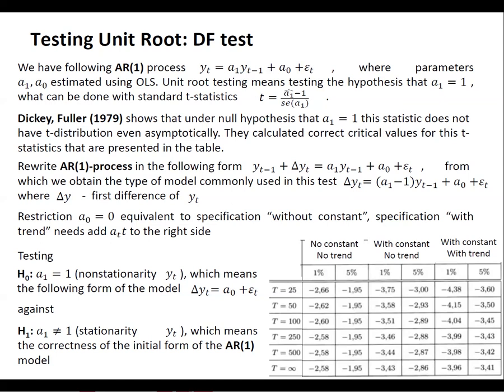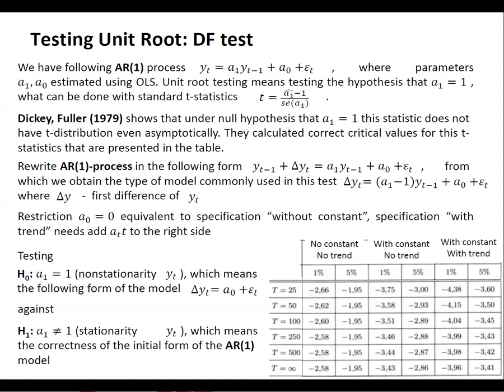A version with a constant and with trend includes a model specification with AT multiplied by T added, where AT is some trend factor and T is a linear time. Constant and trend testing is widely used to test so-called trend stationary models as an alternative.